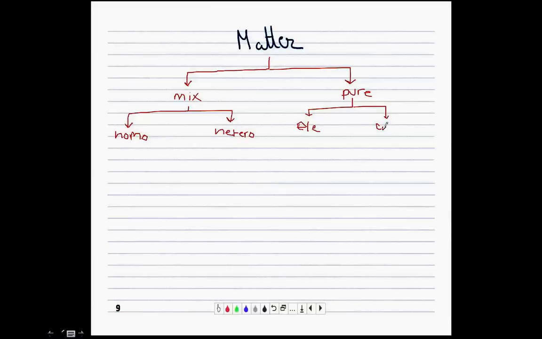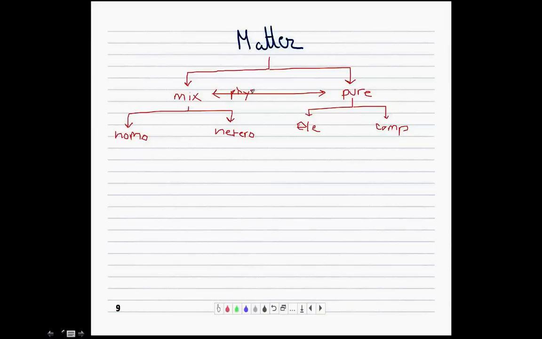Now, to go from a compound to an element and from an element to a compound, that's a chemical reaction or a chemical process. I refer to it as Rx, reaction. So this is the classification of matter. Today we're going to talk about this classification, the difference between those, and what every one of these means.